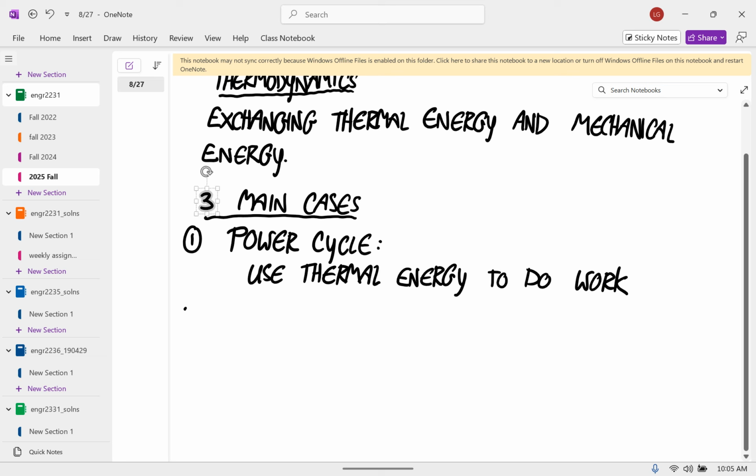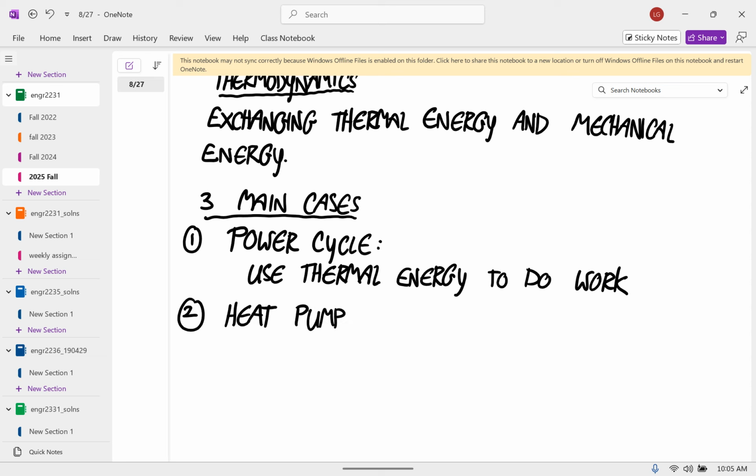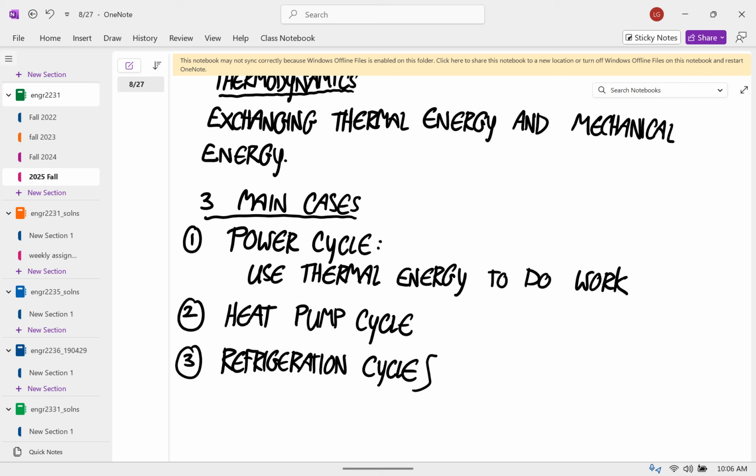And then the second one is the heat pump cycle. And the third one is the refrigeration cycle. And these two are really the same cycle. It's just that your goal is different for each one.